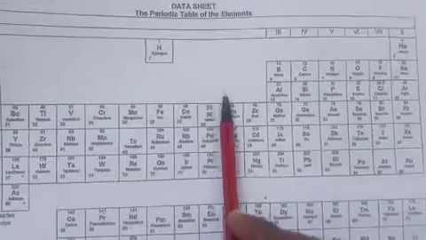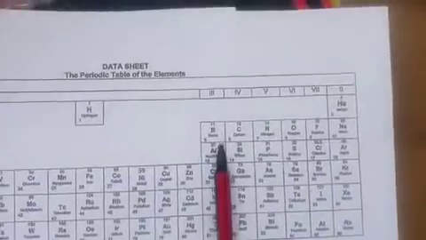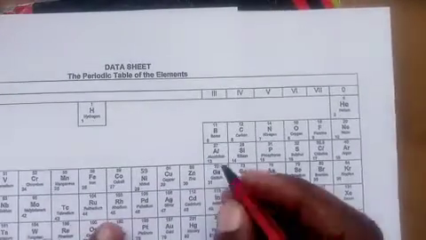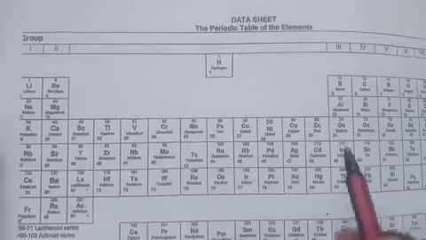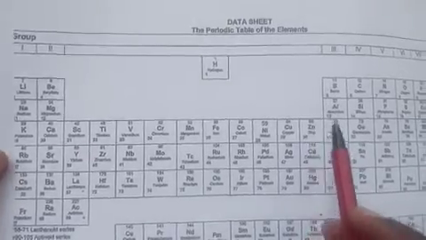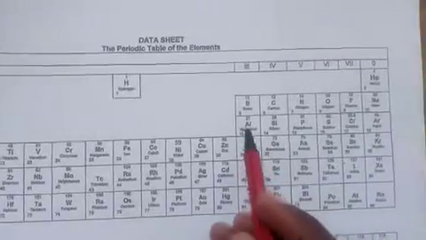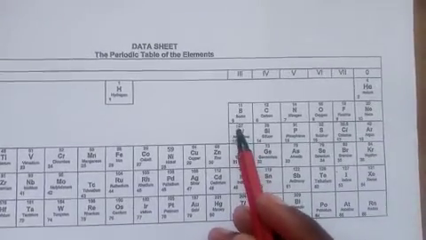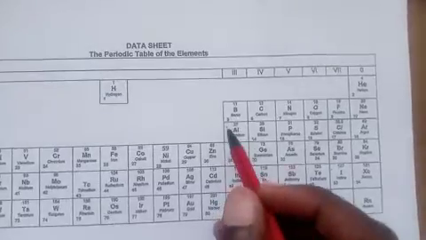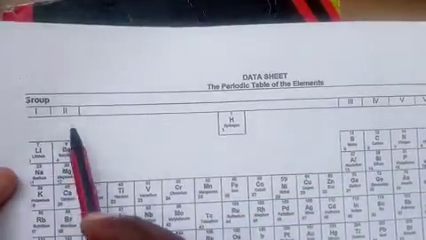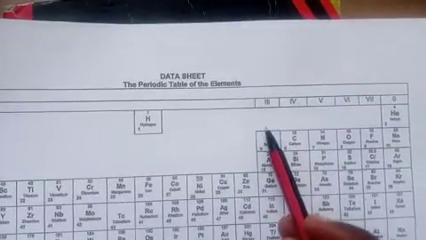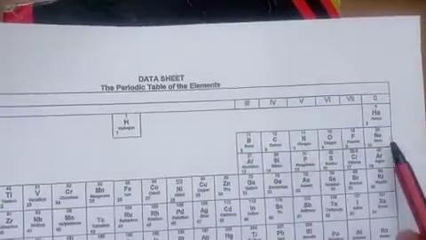When you reach here, this is group 3. So these are the groups: group 1, group 2, group 3, group 4, 5 to 8.